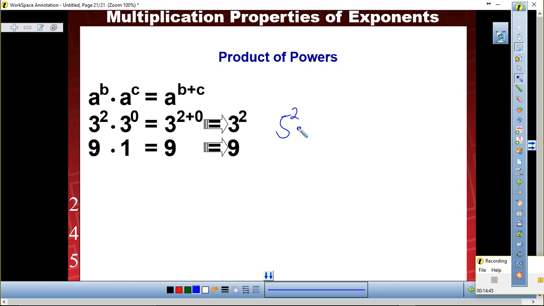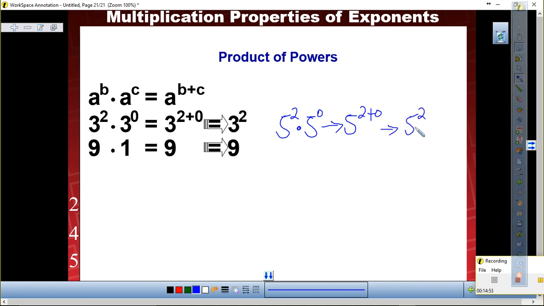5 to the second times 5 to the 0, is that the same as 5 to the second plus 0? Which is still 5 to the second. Is that correct? What is 5 to the second? 5 times 5 is 25. This is still 25. This is still 25 times, but we're still missing a number there. 25 times what gives me 25? 1.